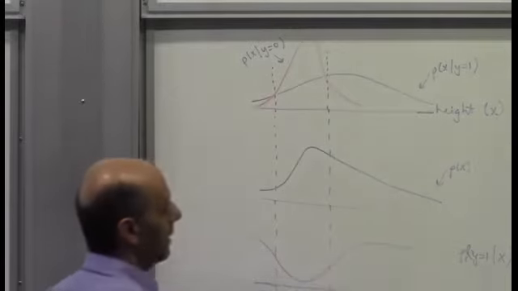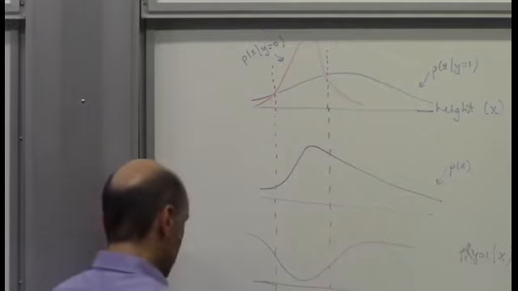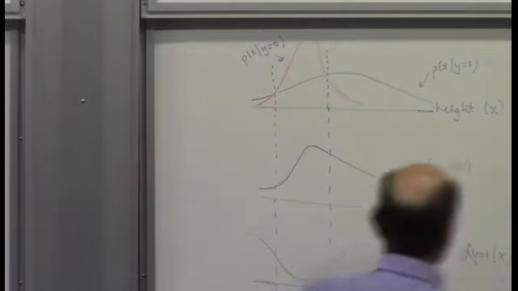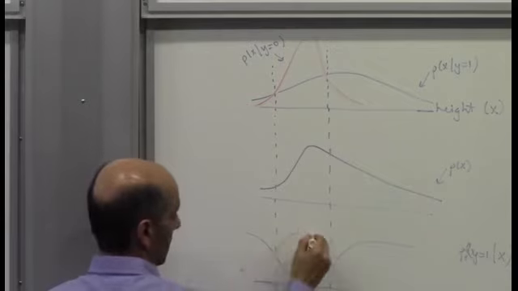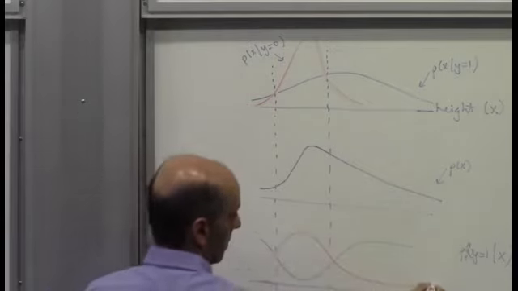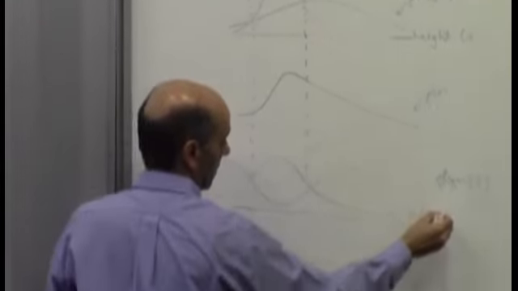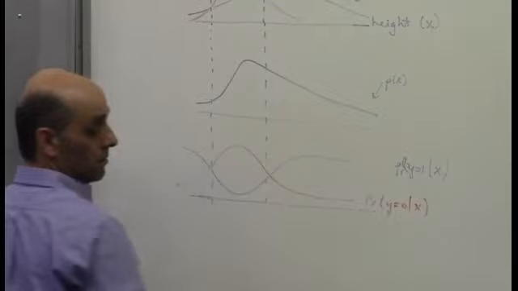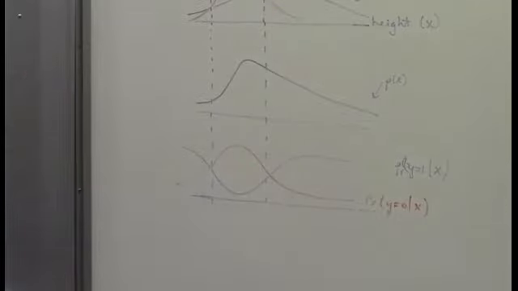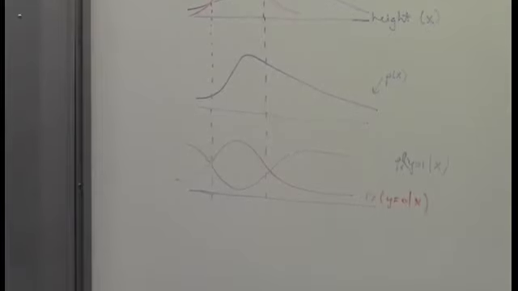This is the probability of y equal 1 given x, and the probability of being female given x is going to look like this. All I'm doing is plotting the posterior probability.